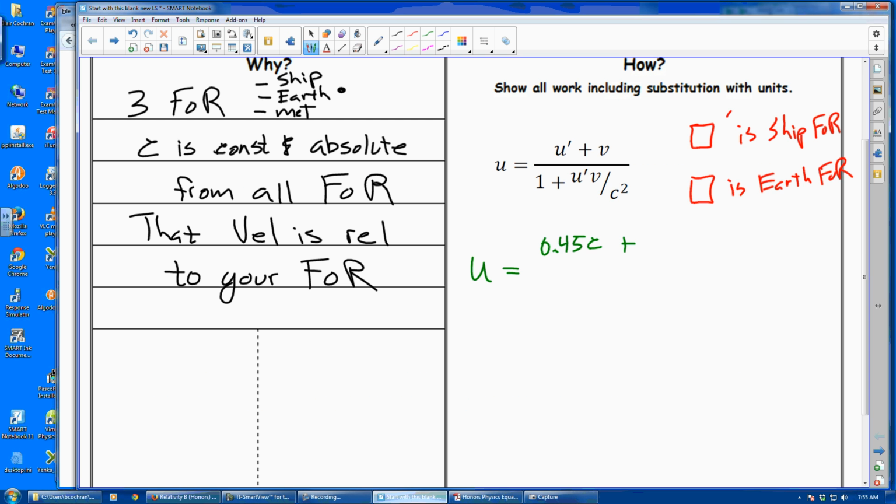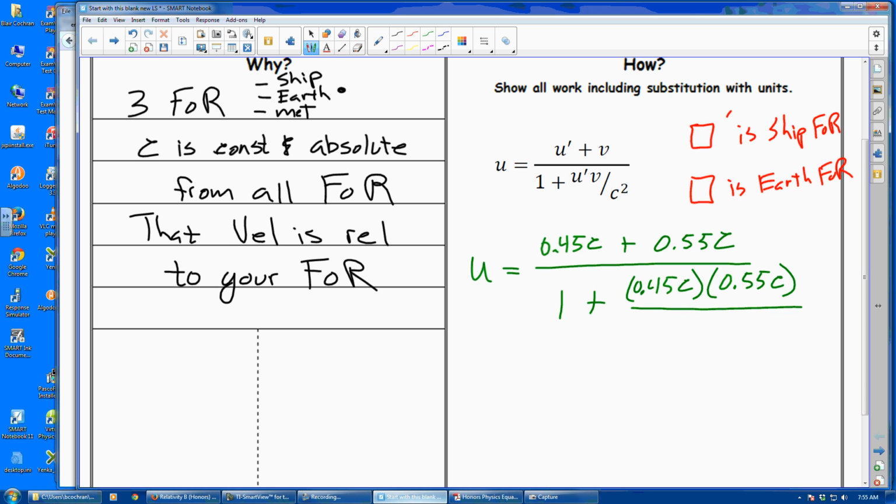All these numbers, of course, will be different for you. Over 1 plus 0.45 c times 0.55 c over c squared.